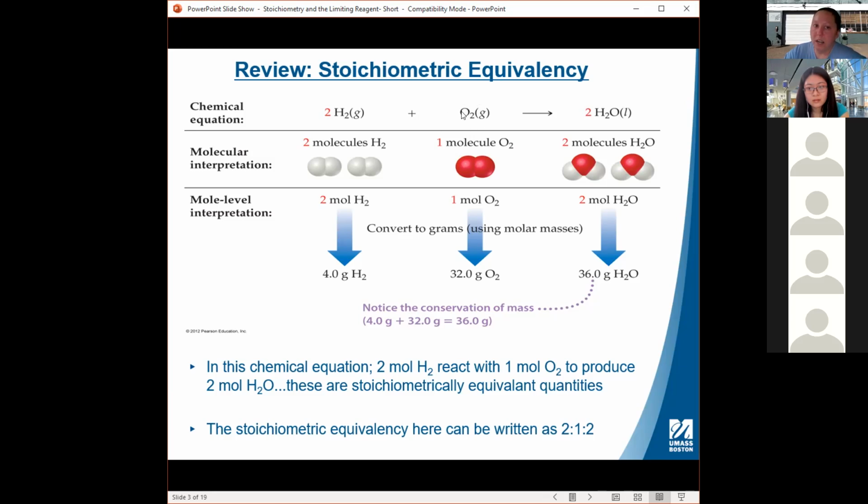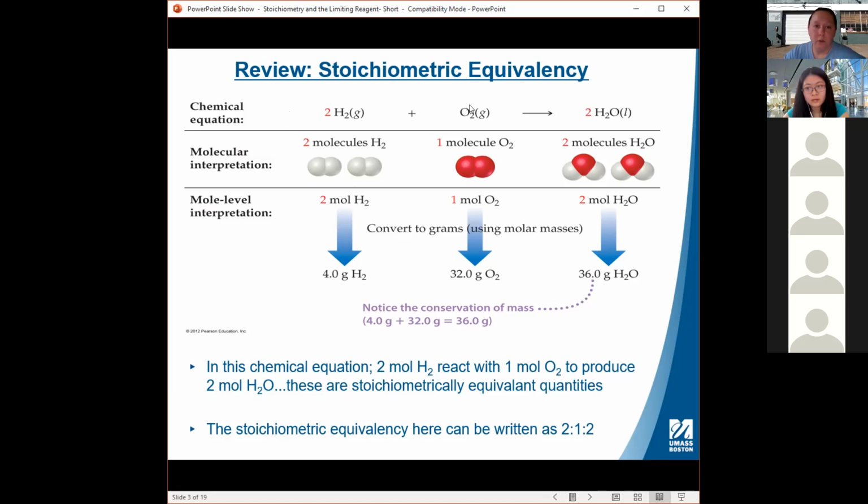So we can't break up these molecules, but we can add more of one than the other in order to balance the amount of atoms. When we are balancing the chemical equation, we want to make sure that the number of atoms on one side of the equation is the same as the number of atoms on the other side.